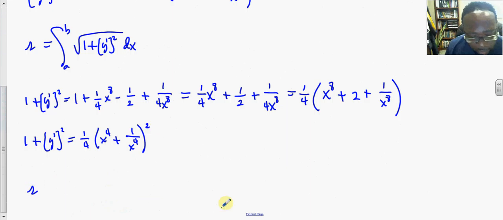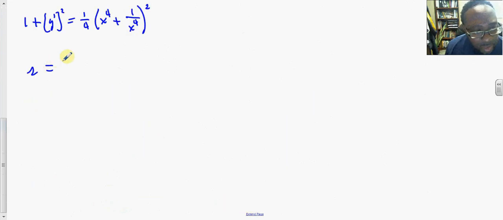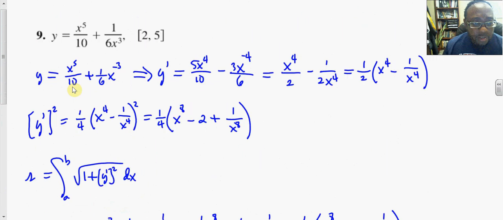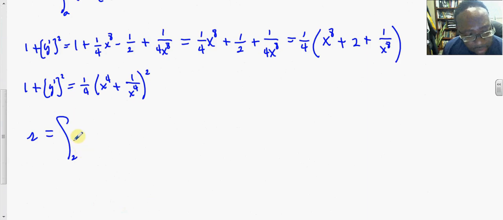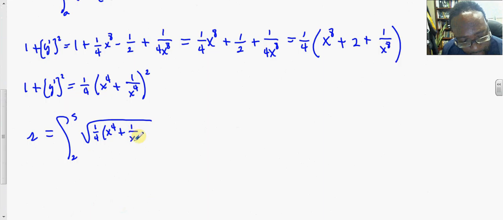So now we compute this arc length. This is the arc length. We're going from 2 to 5. And so this is the square root of this term, right? So it's the square root of 1/4 times x to the 4th plus 1 over x to the 4th to be squared dx.